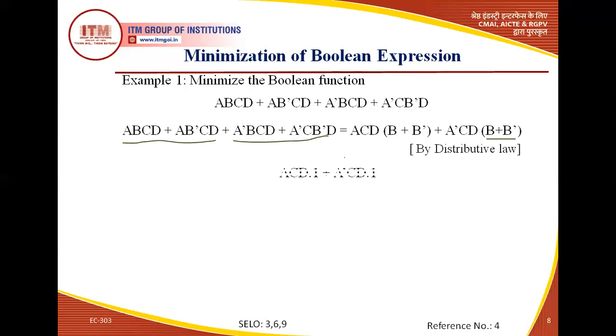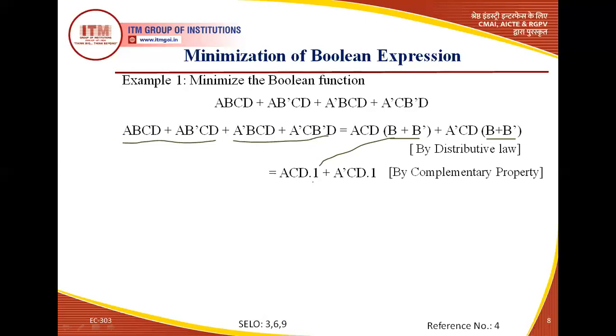Now B plus B dash we can write as 1. That is the complementary property. That means A plus A dash equal to 1 or A dot A dash equal to 0, which is given by the complementary property. So in place of B plus B dash, we can put 1. So we have put 1 in place of both.